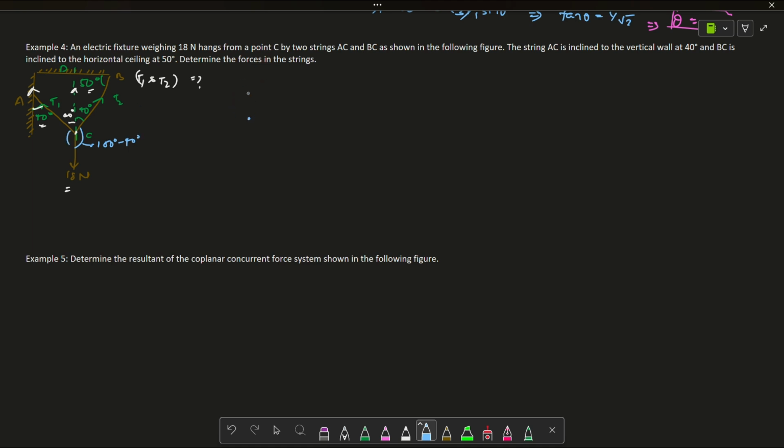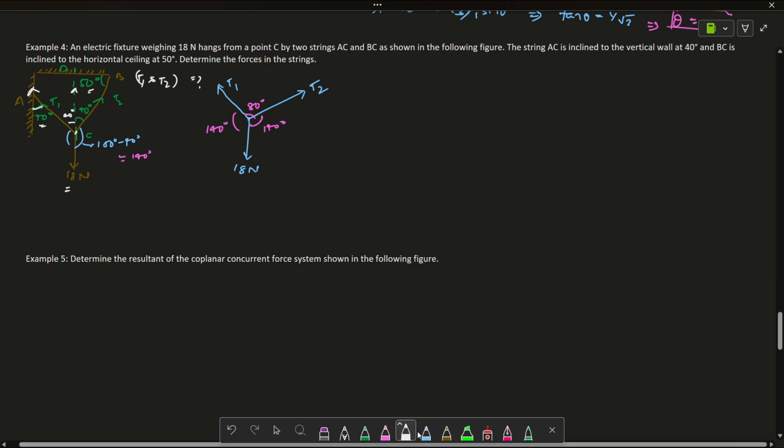So now the figure will become simply like this: 80 Newton, T2 acting here, T1 acting here. The angle here is 80 degrees, and here it is 180 minus 40 equal to 140 degrees. Similarly, in this case as well, this is 140 degrees.